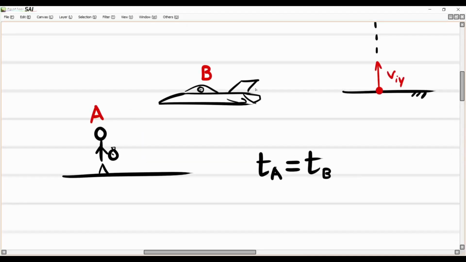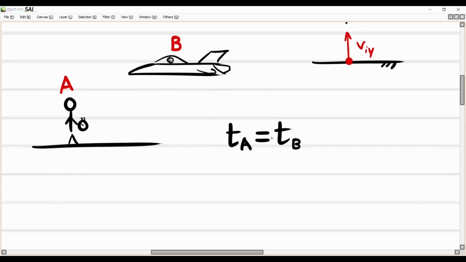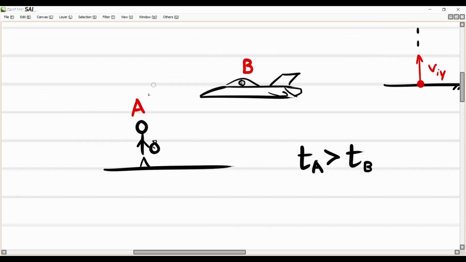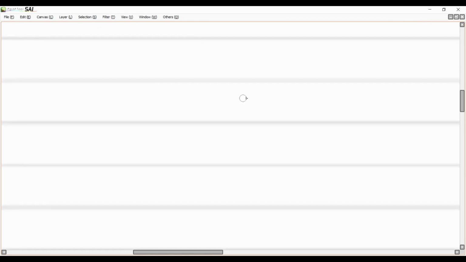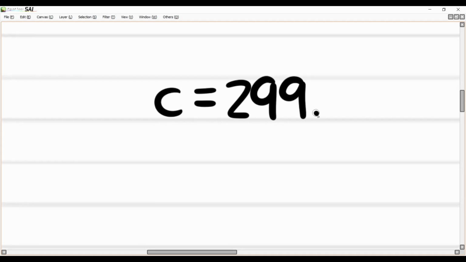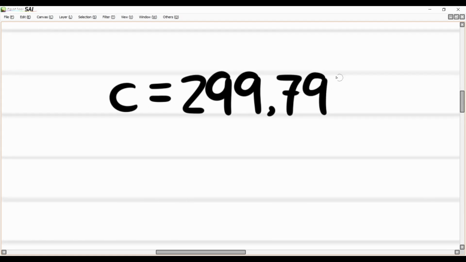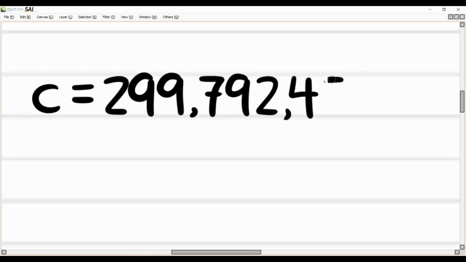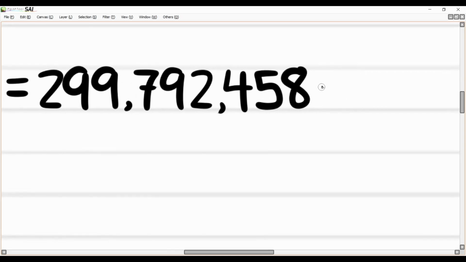That one is a bit harder to explain, but as a consequence of time dilation and special relativity, the speed of causality is limited by the speed of light in a vacuum. And if you don't know, the speed of light in a vacuum is exactly 299,792,458 meters per second.